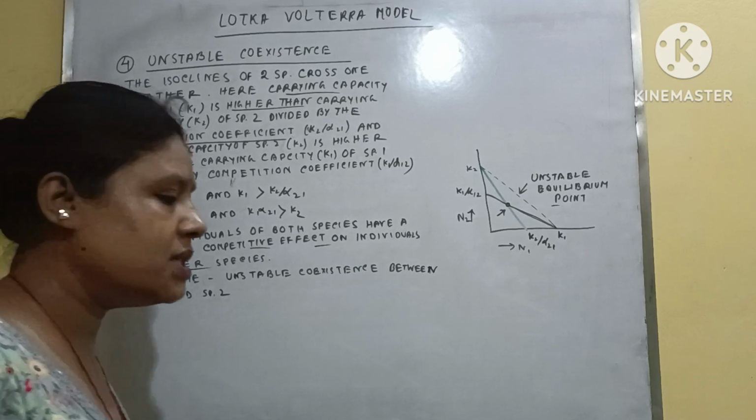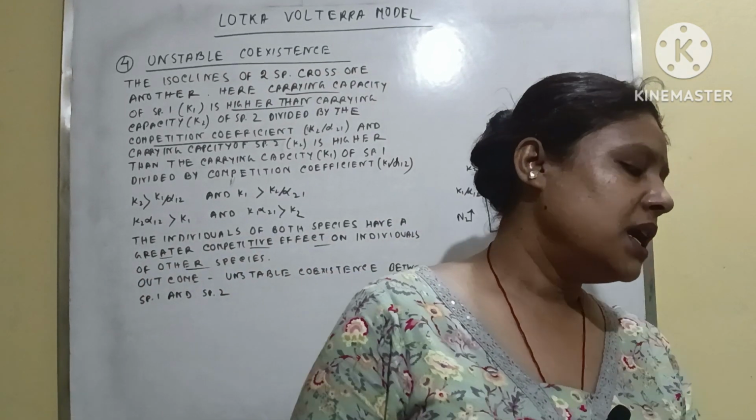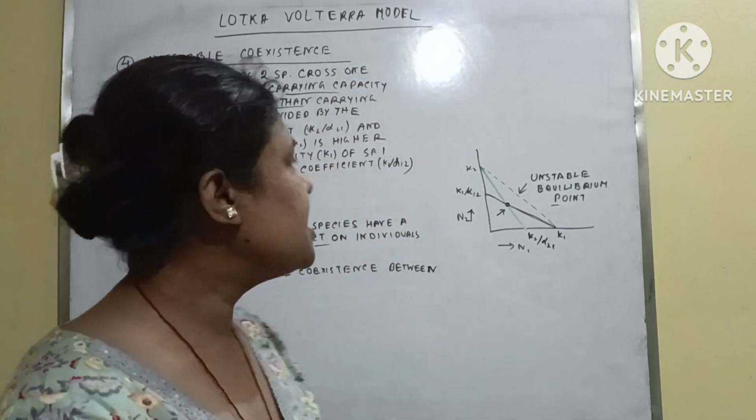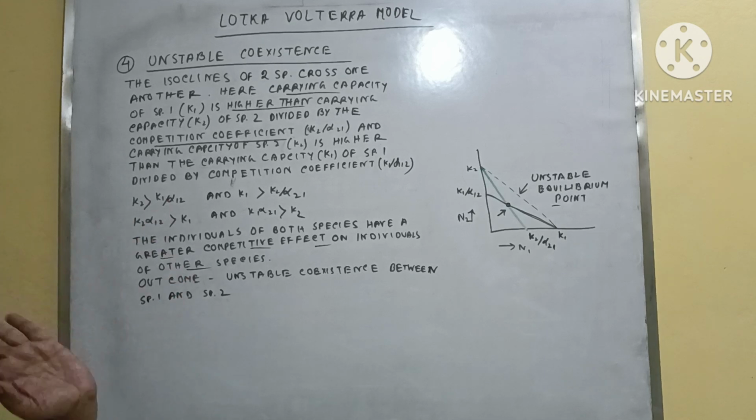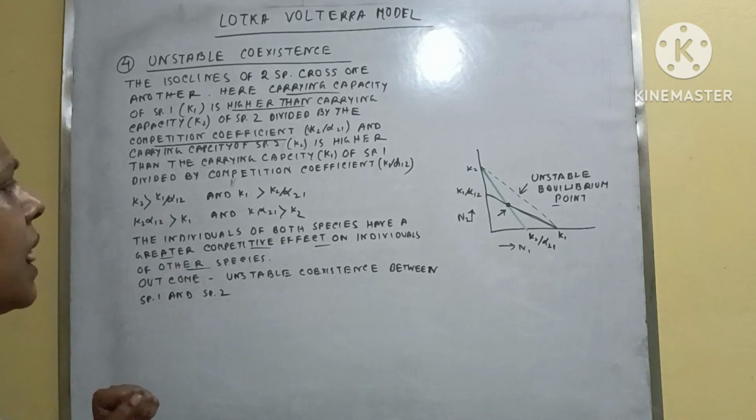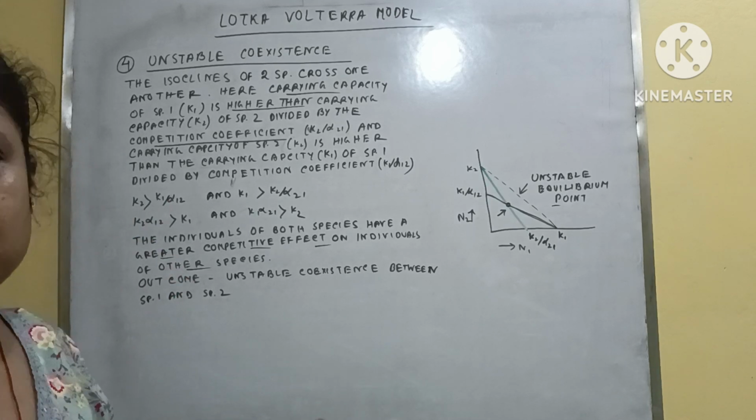So competition is very high, and both species are competitively active at this unstable equilibrium point. Clear? So these are the 4 cases related to this model.